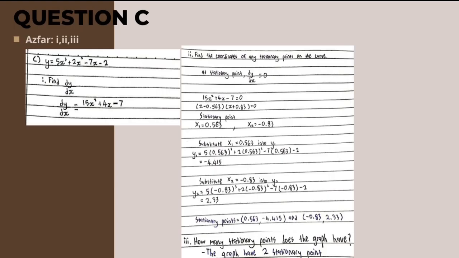So next, question C. First Roman, second Roman, third Roman. y equal to 5x power of 3 plus 2x power of 2 minus 7x minus 2.